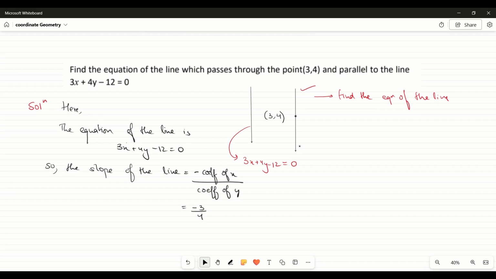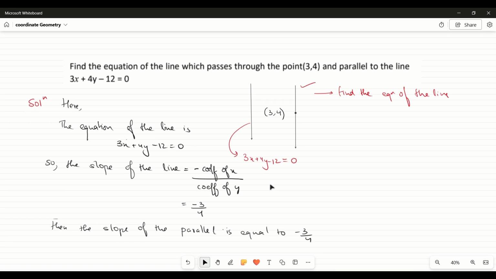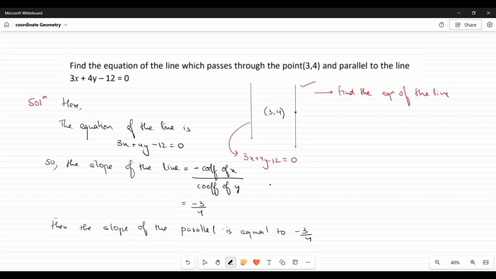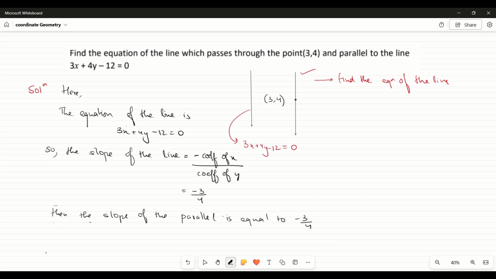Now, as we know, parallel lines have the same slope. So can I write the slope of the parallel line is equal to minus 3 by 4, right? Because the slopes are the same. Now I guess we can find the equation of the line.